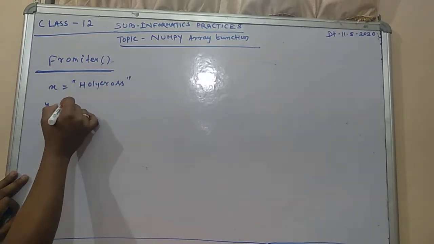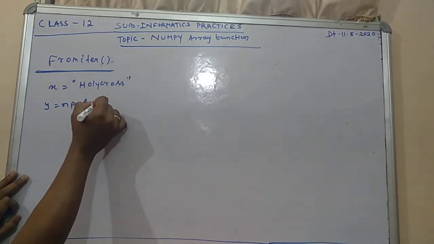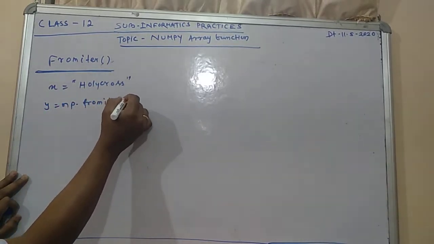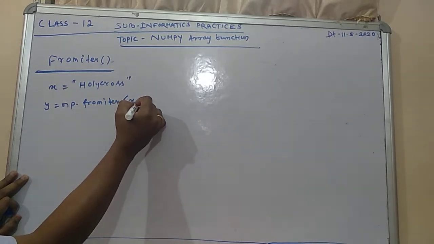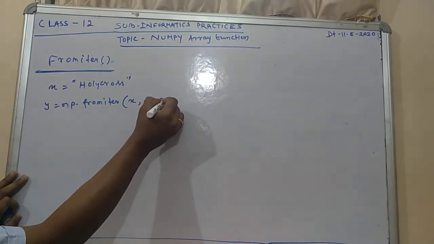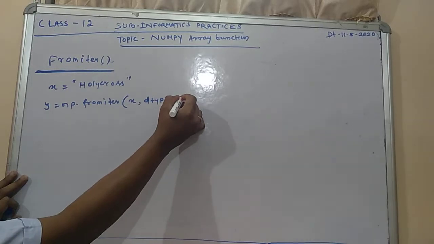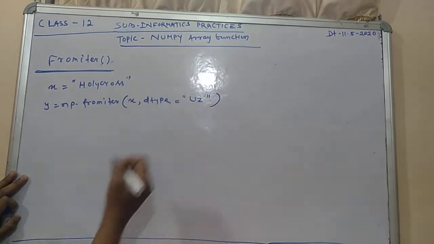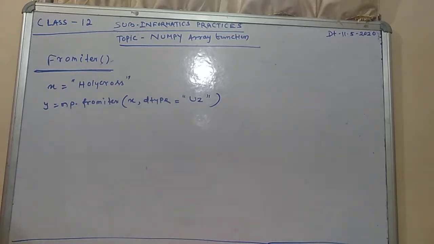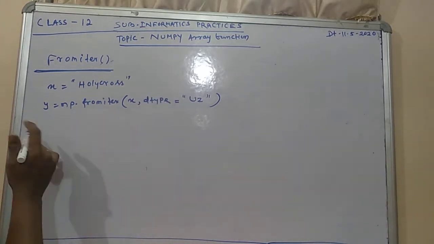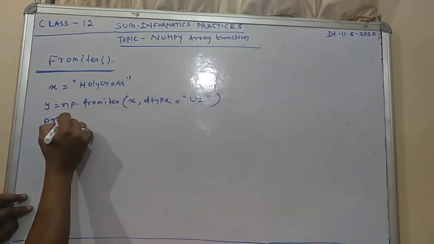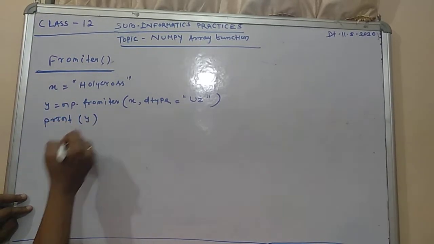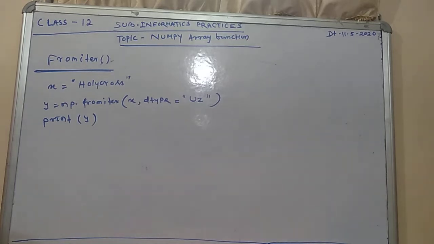Then y equal to np.fromiter, bracket function starts, x comma dtype equal to U2. You must be thinking, what is U2? Already I have told you, follow all the data types. It is a string data type, it is U2. It is having some length also. And I am writing print y here. So what will be printed?